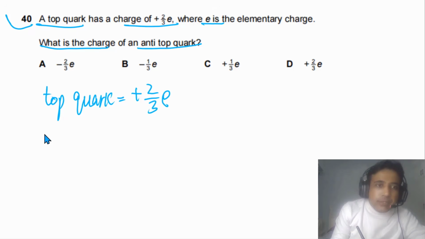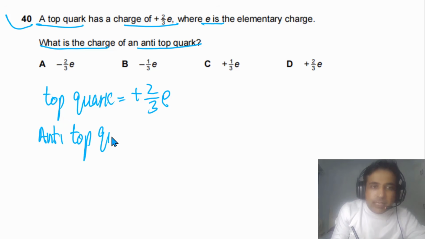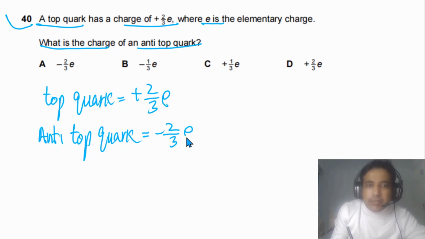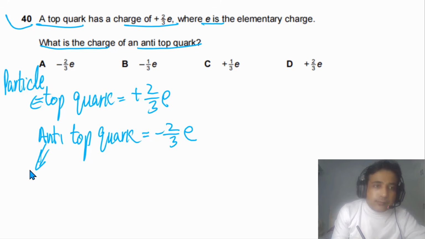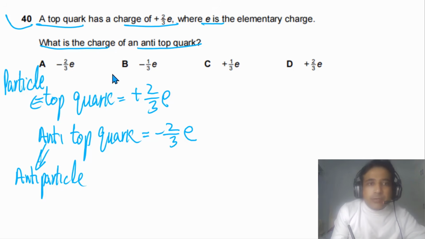So the charge on the anti-top quark has to be opposite in sign but equal in magnitude, so it has to be minus 2 by 3e, because the top quark is a particle. Particle and antiparticle have the same magnitude of charge and opposite sign of charge. So the answer for this question has to be A.